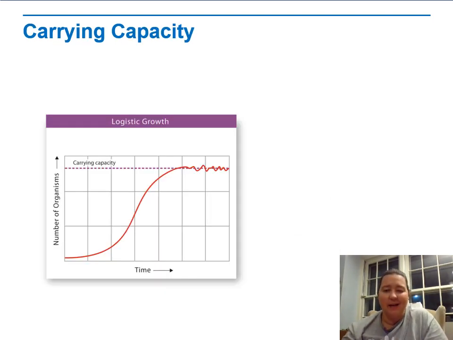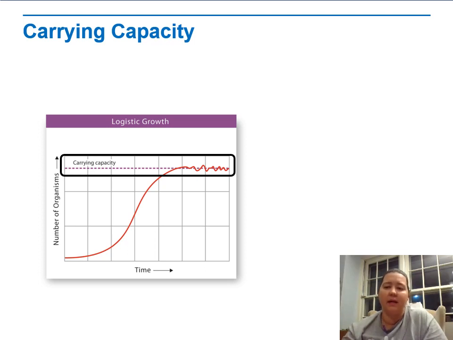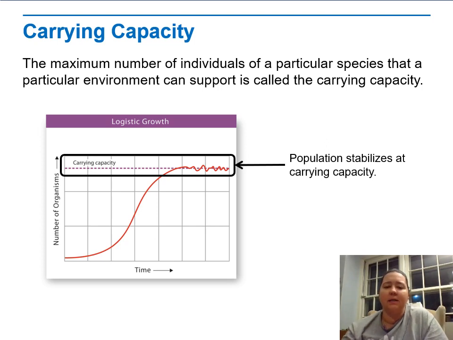So carrying capacity. You can see that line that I drew right there is called the carrying capacity. The carrying capacity is just exactly what it sounds like. It's the maximum number of individuals that an environment can support. You have seen this. It's on elevators. Anytime you go into an elevator, there's always a sign about how much weight the elevator can support or how many people can fit in the elevator.